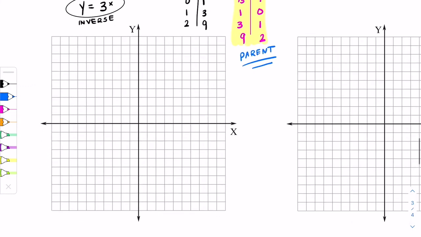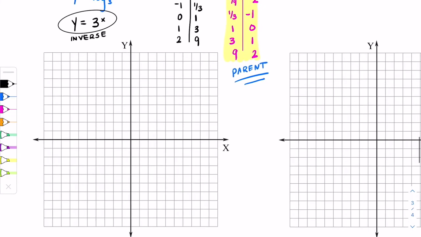I have a point at 1/9, -2, 1/3, -1, 1, 0, 3, 1, 9, 2. That asymptote is at x equals 0, so I do not cross the y-axis, and that is my parent graph.